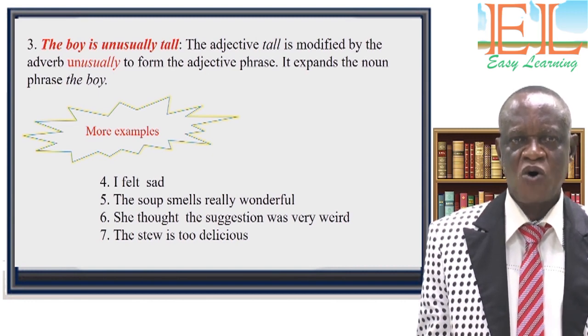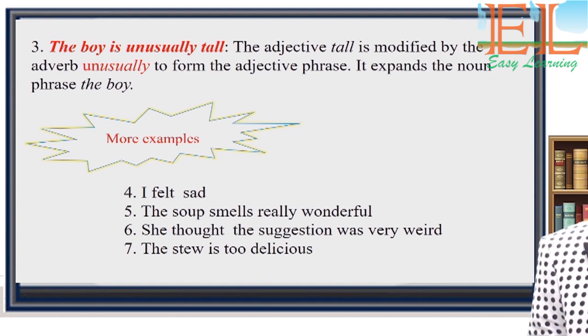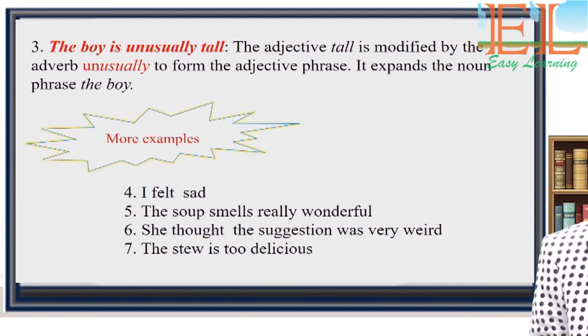The adjective tall is modified by the adverb unusually to form the adjective phrase. It expands the noun phrase, the boy. Let's look at more examples. I felt sad. The soup smells really wonderful. She thought the suggestion was very weird. The stew is too delicious.